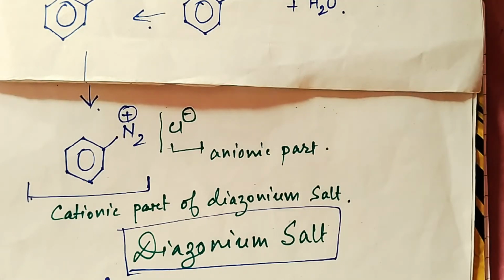Now I must mention one use of diazonium salt. It is very important: the Sandmeyer reaction. In my next video I have uploaded the Sandmeyer reaction process, where you use the diazonium salt as a reactant. From diazonium salt you can easily prepare aryl halides.